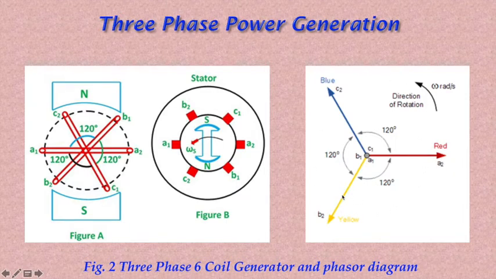Next, the VBB voltage equals Vm sin(omega t minus 120 degrees). Next, consider VCC equals Vm sin(omega t minus 240 degrees).